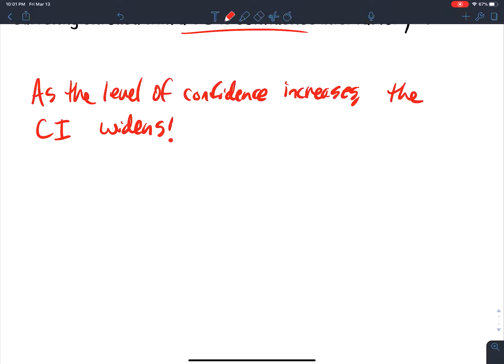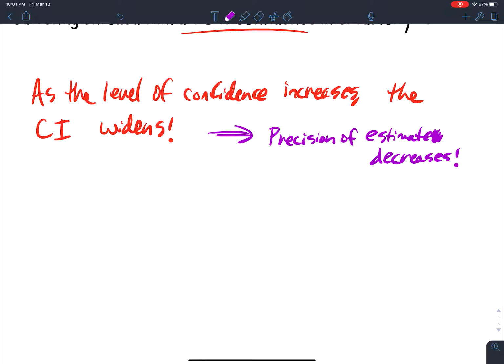All right? The only problem with this is, the precision of the estimate decreases. Why is that an issue?